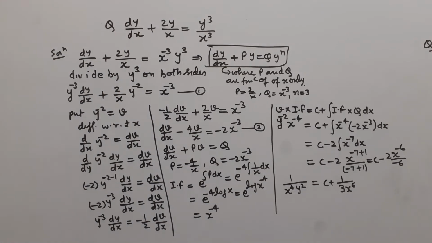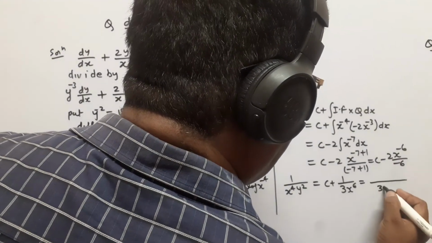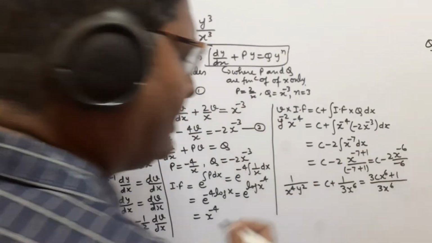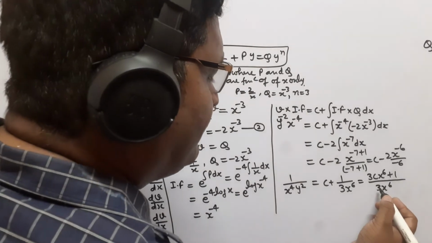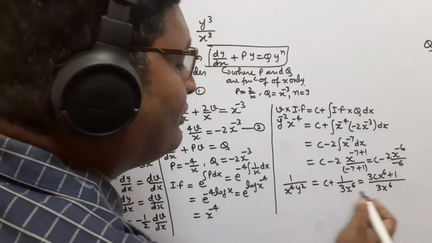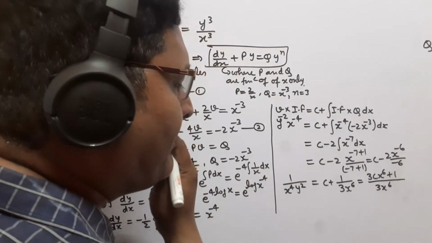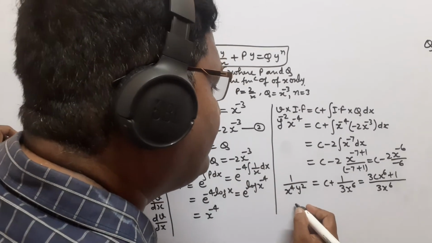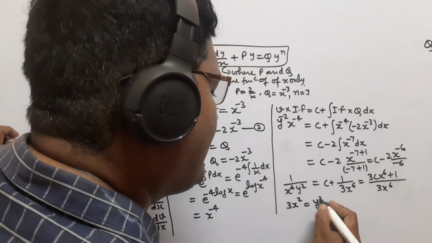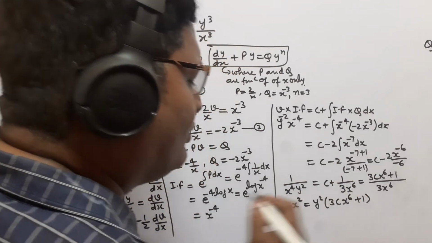Now we take the LCM on the right, so we get the LCM here 3x to the power 6, so this is 3c x to the power 6 plus 1. Now we can see here this x to the power 4 cancels by x to the power 6, so we can write here this is x square, 3x square is equal to y square multiplied by 3c x to the power 6 plus 1.